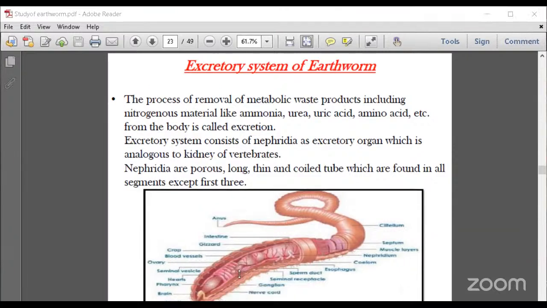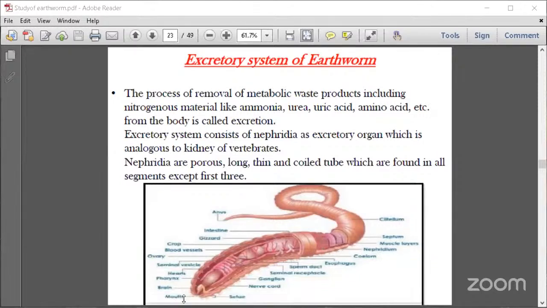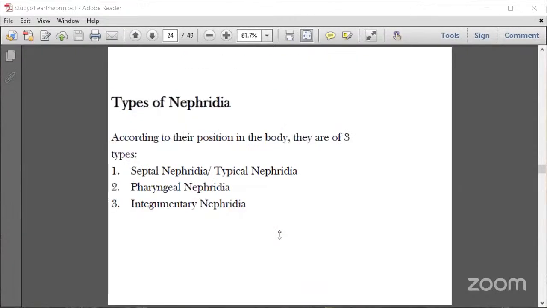Here you can see the structure: a mouth, setae, the brain, nerve cord, and a ganglion. We already discussed all these things. Again, types of nephridia.